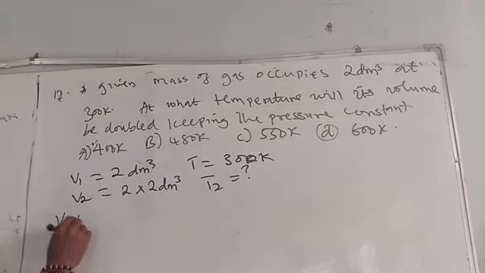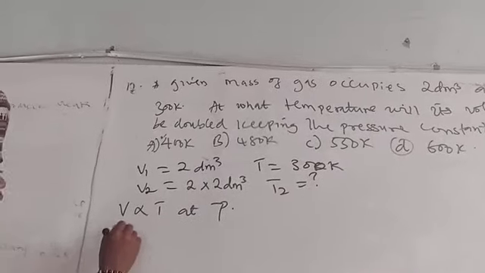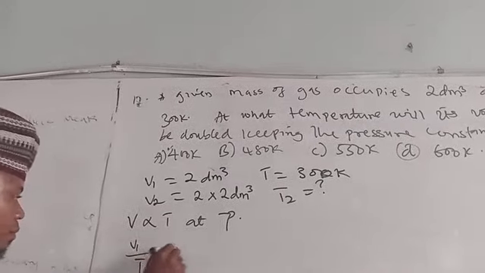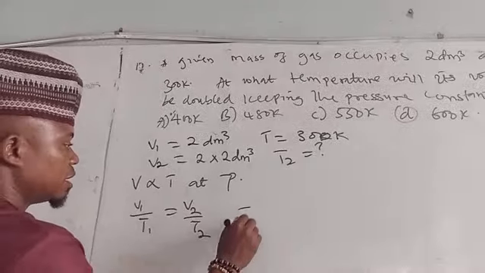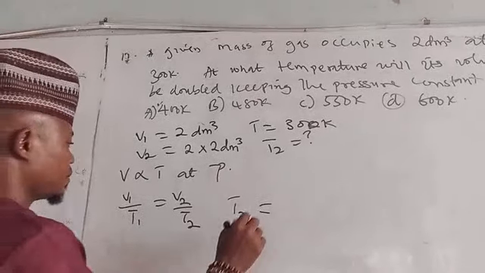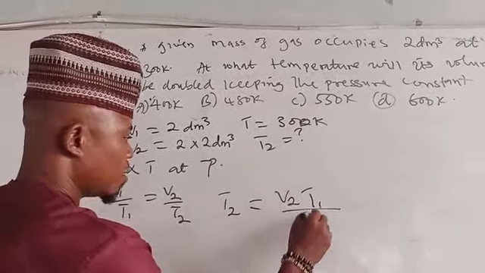Boyle's law says that V is directly proportional to T at constant pressure. That means V1 over T1 is equal to V2 over T2. So T2 will be equal to V2 T1 all over V1.